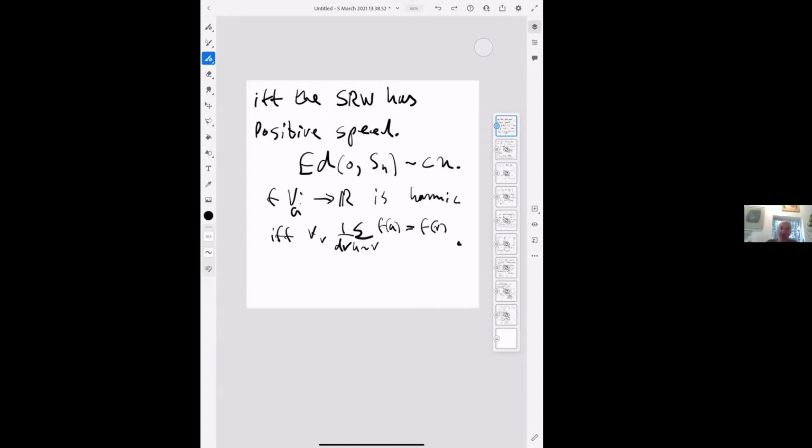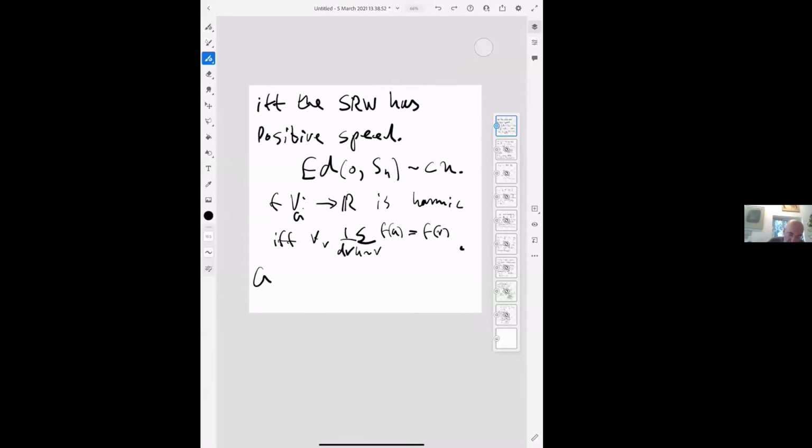Then it is harmonic. And then there was the question of when a group admits non-constant bounded harmonic functions, and we say a graph or a group is Liouville. This is from the Liouville theorem.